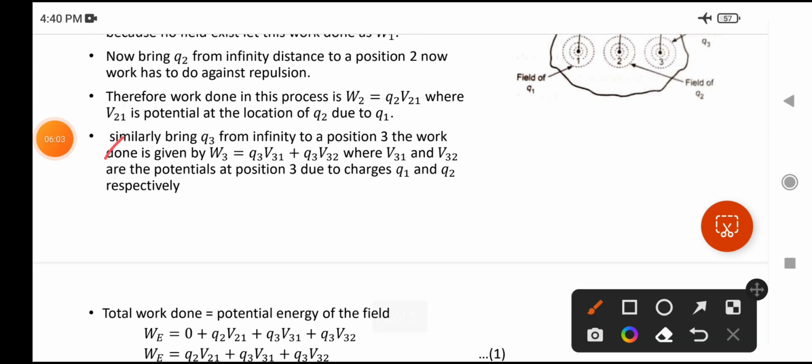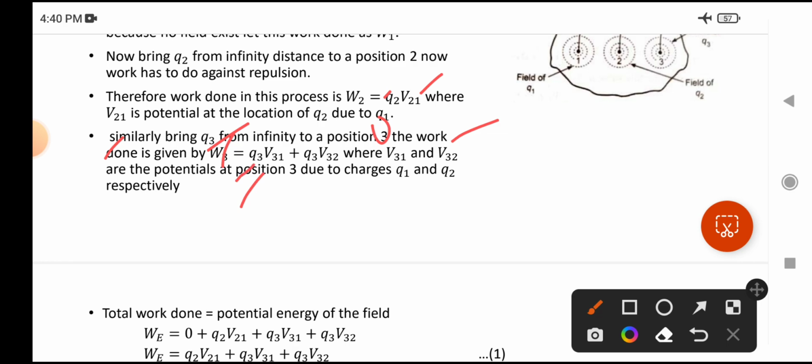Similarly, bring the q3 charge from infinity to position 3. The work done is given by W3. W3 is written as what? Work is charge into potential, but here work is q3 V31 plus q3 V32. Why is it q3 V31 plus q3 V32?